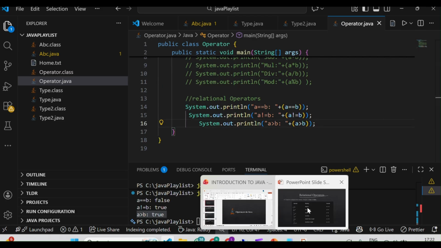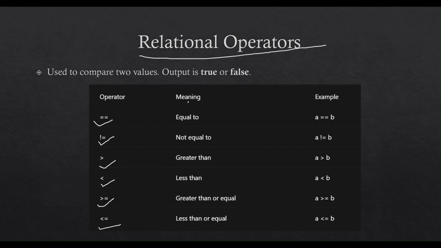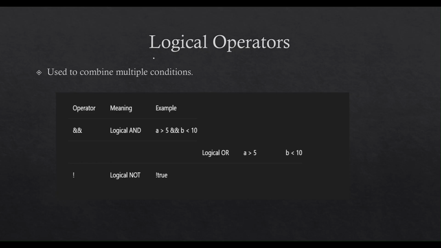So our next operator is the logical operator. What is the logical operator? Logical operators mean the AND operator, or you can write the OR operator also. So what is the AND operator, what is the NOT operator, and what is the OR operator?